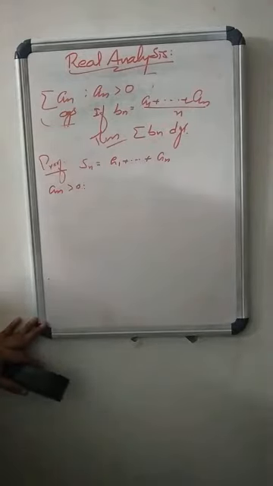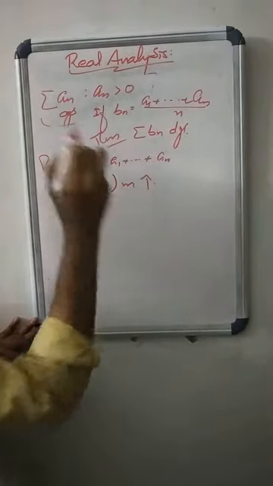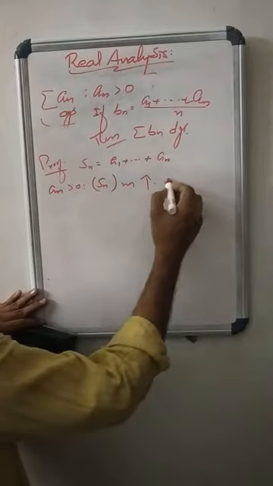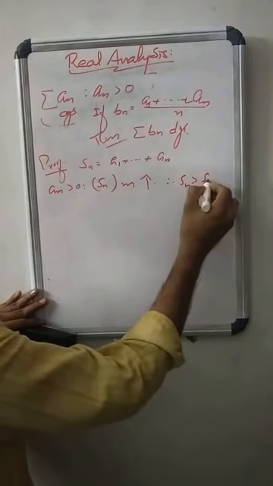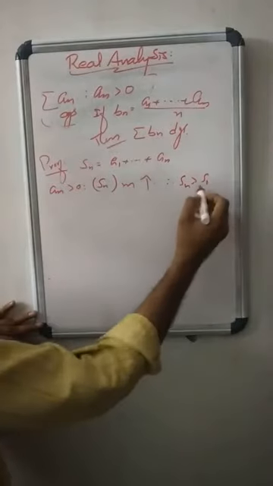Then what about the sequence S_n? S_n is monotonically increasing, since S_n equals a_1 plus etc. plus a_n and a_n is greater than 0. A monotonically increasing sequence means S_n is greater than S_1. Clear?